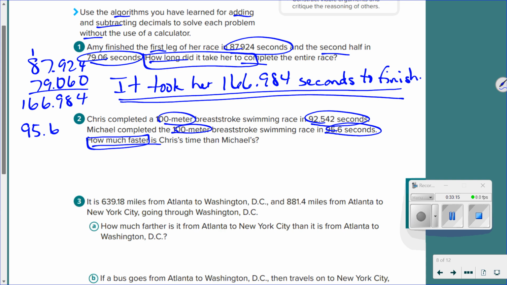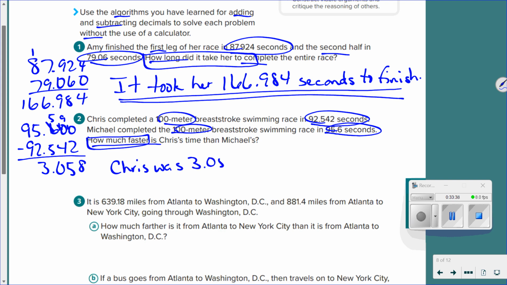Put the one with the larger value on top. Subtract 92 and 542 means I need 2 trailing zeros. So I'm going to borrow all the way across. 8503. So Chris was 3 and 58 thousandths seconds. Again, don't forget your unit. Faster.